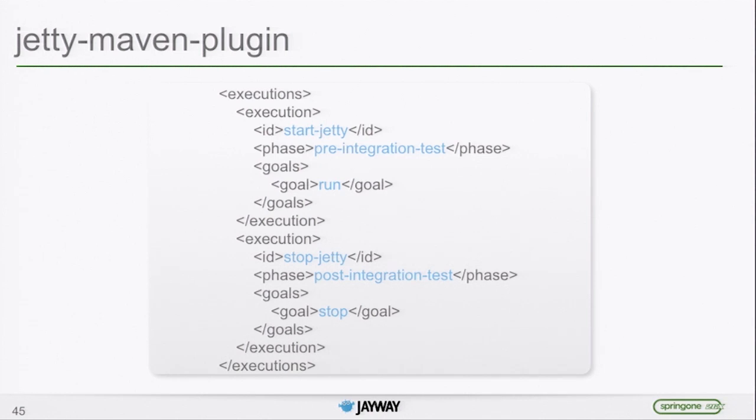And then during the test, you have this server up and running. And after, in the post-integration test phase, you tear down Jetty again. Important: if you use the Jetty Maven plugin, you should use the group ID org.eclipse.jetty, because there's an old version of this that is not maintained anymore.